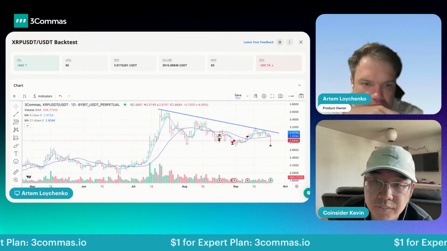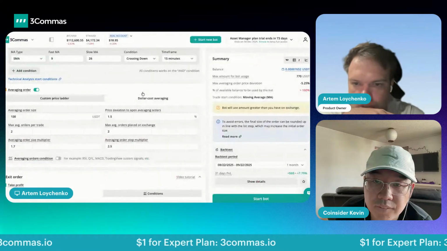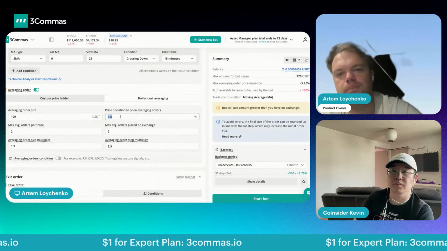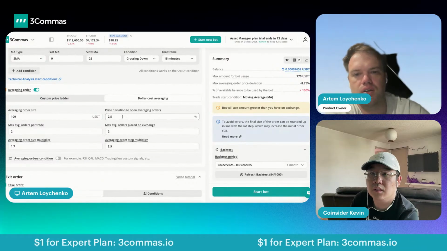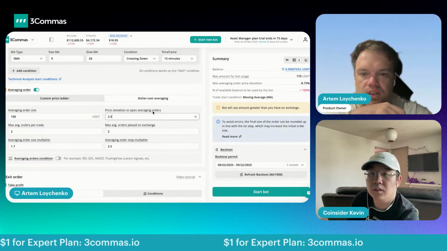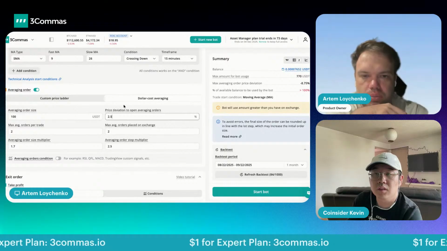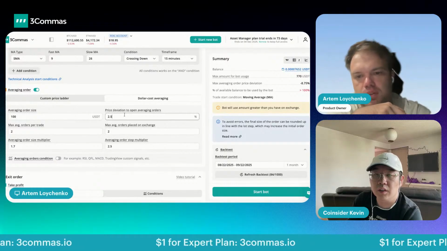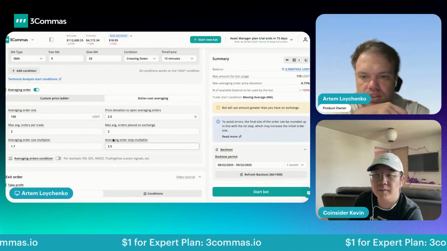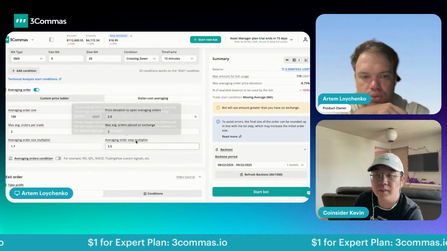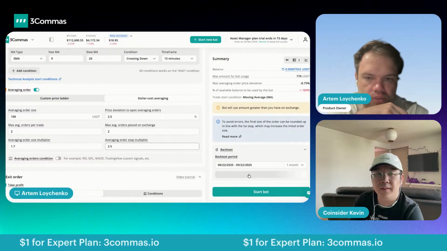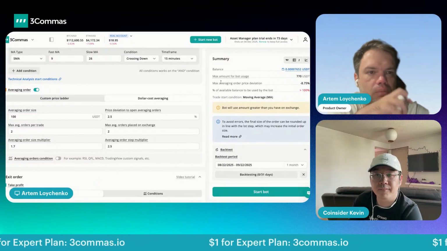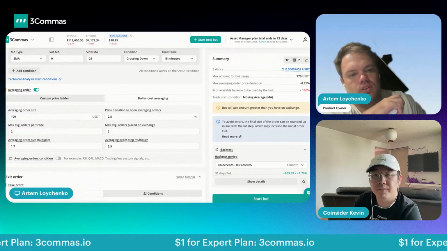Only the last one. That's true. We need also to change the first one, I bet. I would do like this. So this is how the first averaging order will be done from the base, and this is the multiplier that will be applied to others if we had more than 2. But we have now only 2. We can update it later, but now I want to see how it goes.